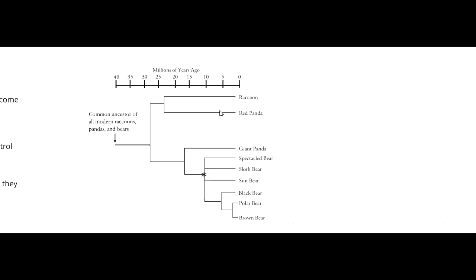Okay. So in an evolutionary tree, if we read this diagram, we can see that we have, for example, a raccoon and a red panda. So if I say red panda, you would say, okay, miss, obviously a red panda and a giant panda are going to be closely related to each other because they are both pandas, right?